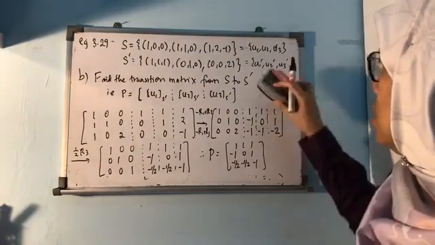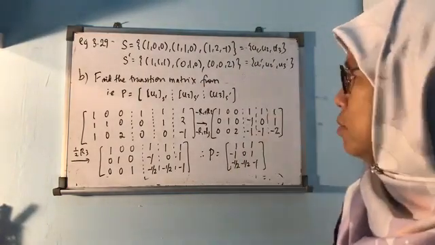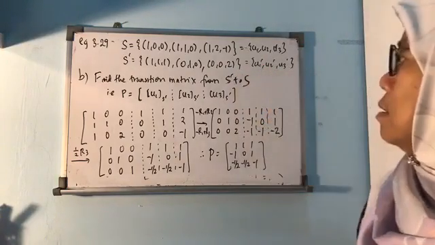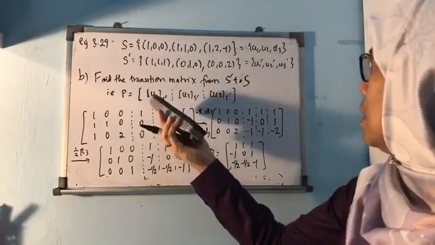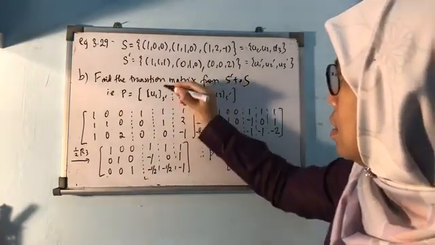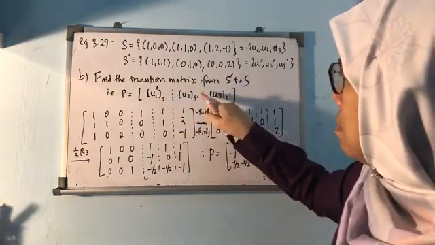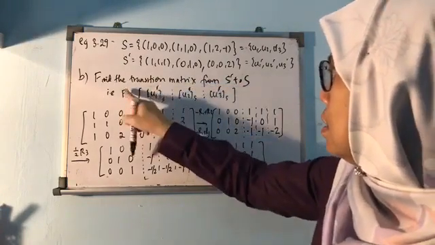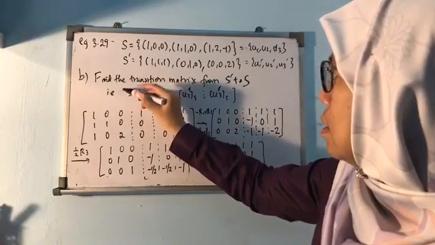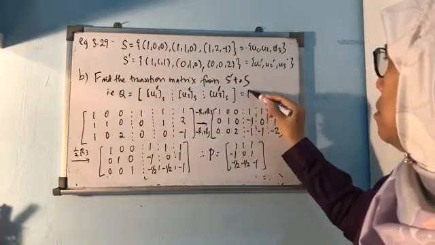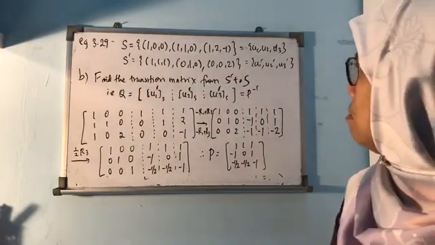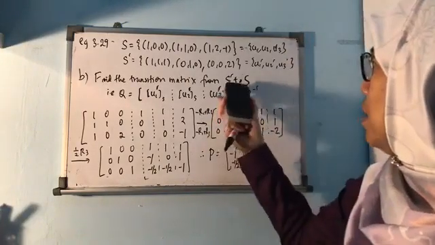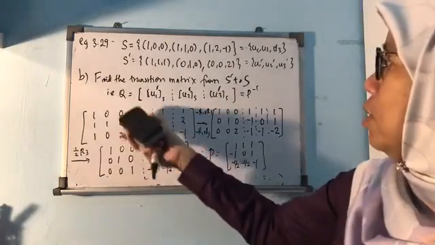So to find the transition matrix from S prime to S, okay, this is the other way around, in which this is a prime, goes here, and this is the Q, right? Q, or you call it the inverse. Okay, now from S prime to S, you have to put S first.